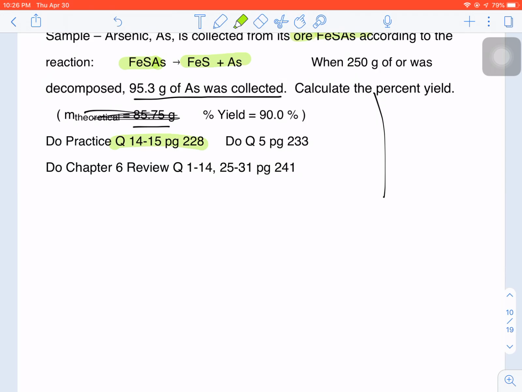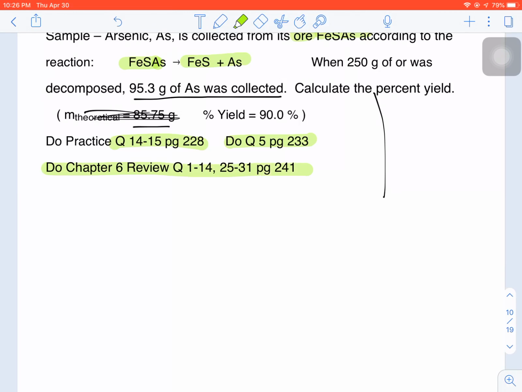There is question 5 on page 233. And then you can start the chapter 6 review, and those are the questions there. I will spend some time over the next couple of days and post the answers for the review in our answer package that goes with our textbook.